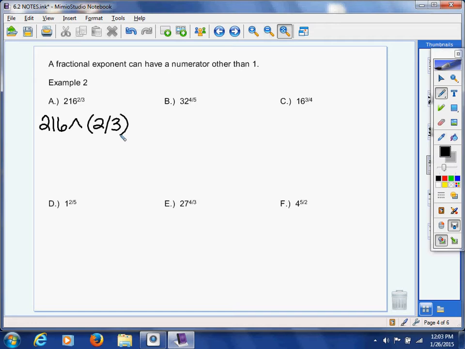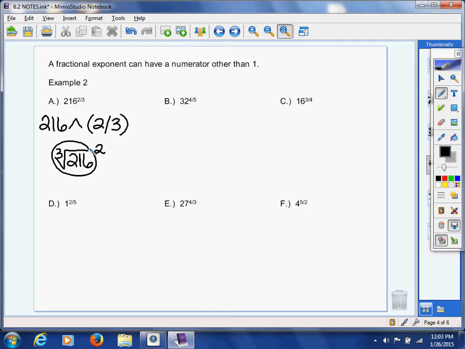And so remember, underneath the root sign is going to go the 216. The 2 is the exponent on your 216 or on your radical, wherever you want to put it. And then the 3, the denominator, is your index. So what you could do is find the cube root of 216 first and then square that number. And I'm going to show you both in the calculator.